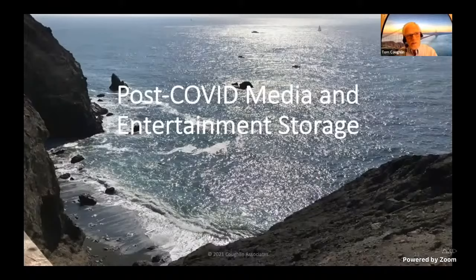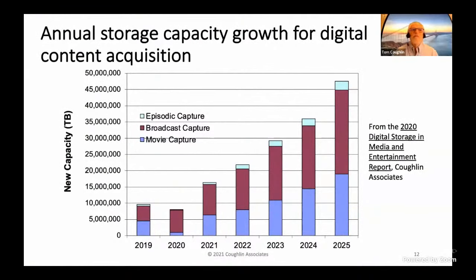So let's look more deeply into the impact of the COVID pandemic on media and entertainment storage. First of all, let's take a look at annual storage capacity growth projections for digital content acquisition. This again is from the 2020 Digital Storage in Media and Entertainment report that I put out. In 2020, the pandemic slowed feature film production, and you can see that here in the 2020 numbers compared to 2019.